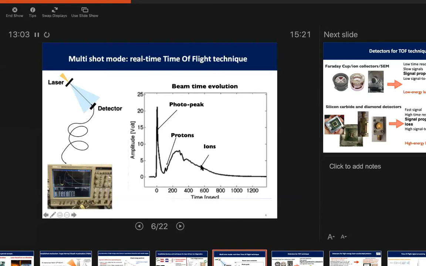And after that, according to the specific experiment, you have ions. So this is like the time evolution of the beam. Of course, the x-axis is the time, the time of flight, because it's the time that particles need to reach the detector. So if you know the distance and the kind of particles, you can measure the kinetic energy of the particle itself.